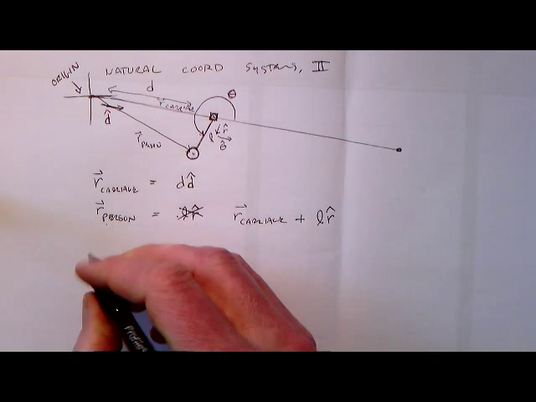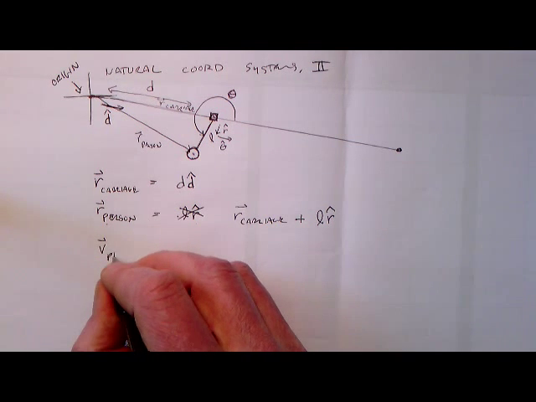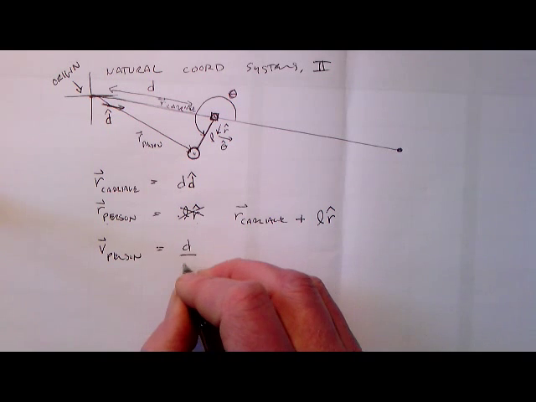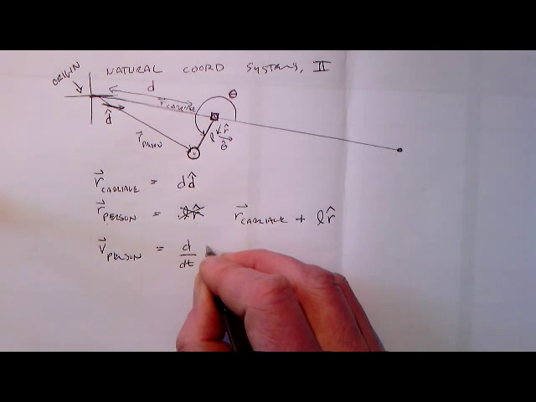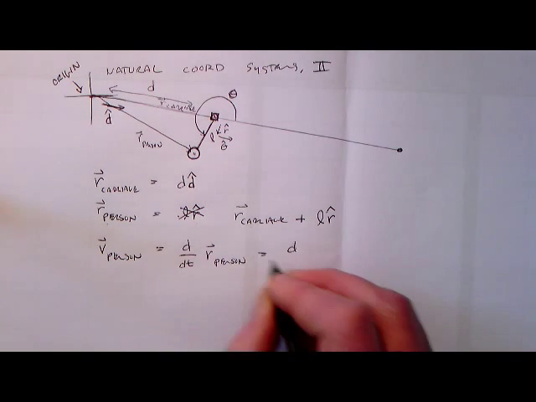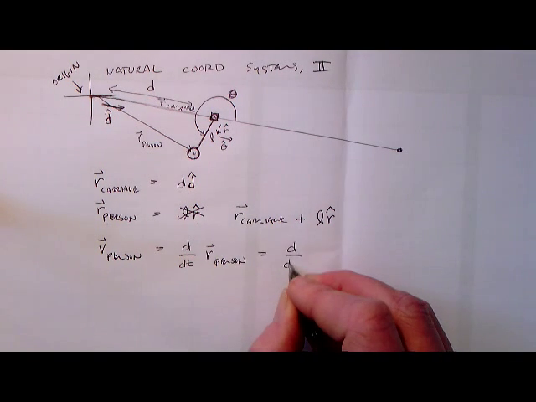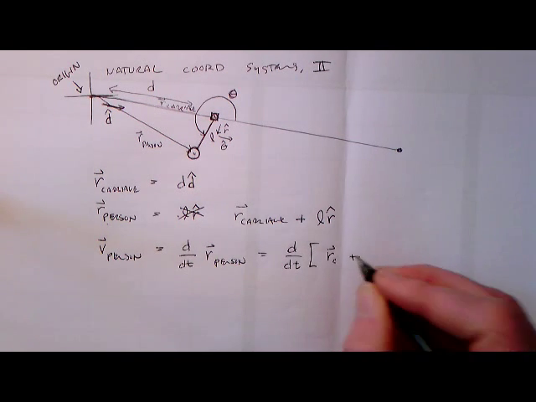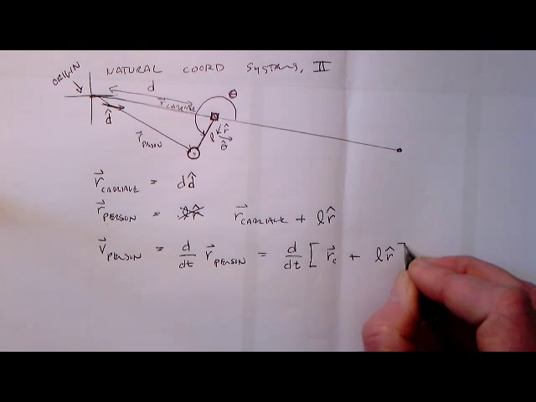Like for example, if I want to figure out the velocity of the person, how am I going to do that? Well, the velocity of the person is simply d by dt of the position of the person, and the position of the person is the position of the carriage plus L times r hat. So it's d by dt of r carriage plus L times r hat.